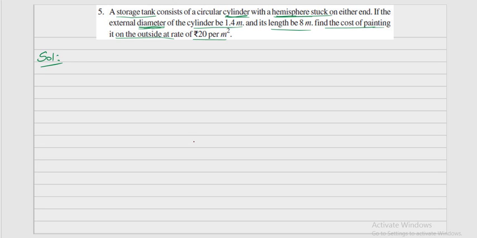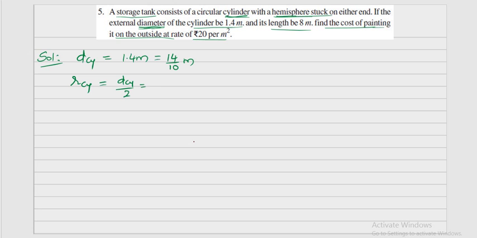First of all we are going to talk about the diameter of the cylinder. Diameter of cylinder d suffix cy is 1.4 meters. This 1.4 meters I can write as 14 by 10 meters. From this I can write the radius of the cylinder. Radius of cylinder is nothing but diameter of cylinder divided by 2.